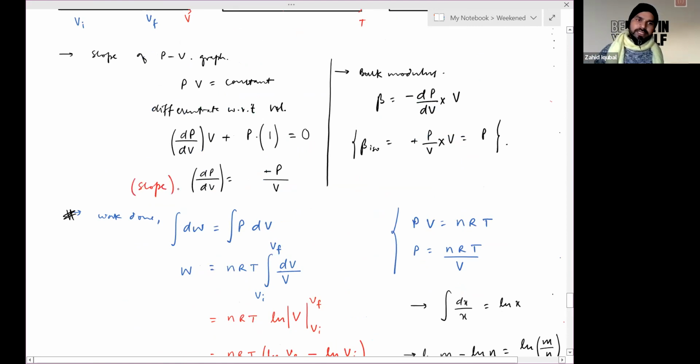Slope for isothermal is just minus P by V.